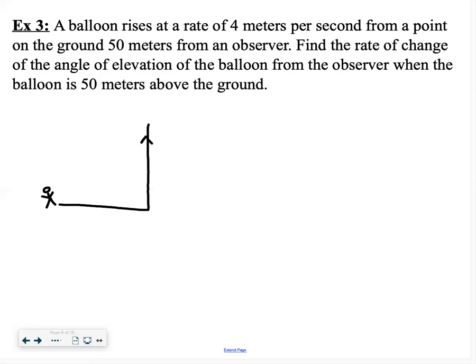Find the rate of change of the angle of elevation. So this is brand new. We've never talked about angles before. Rate of change of angle of elevation of the balloon from the observer when the balloon is 50 meters above the ground. So this observer is looking up at this balloon at a certain angle.